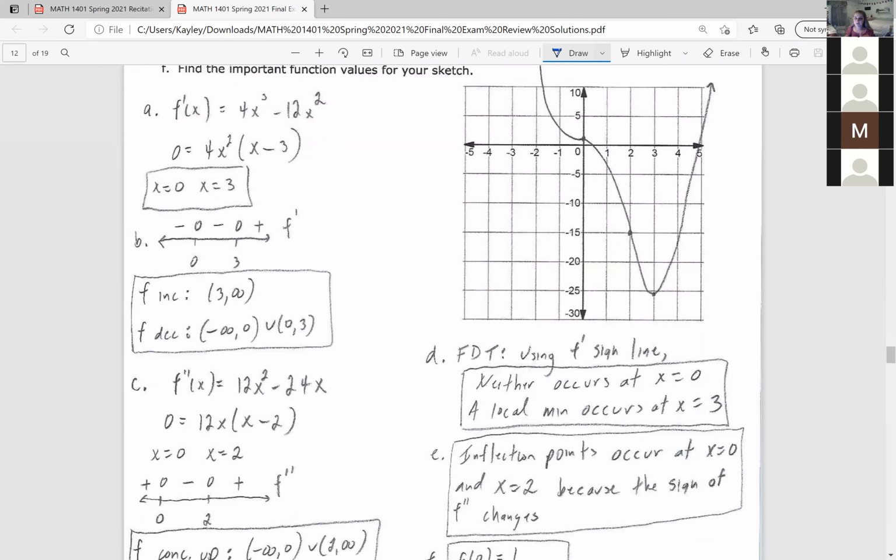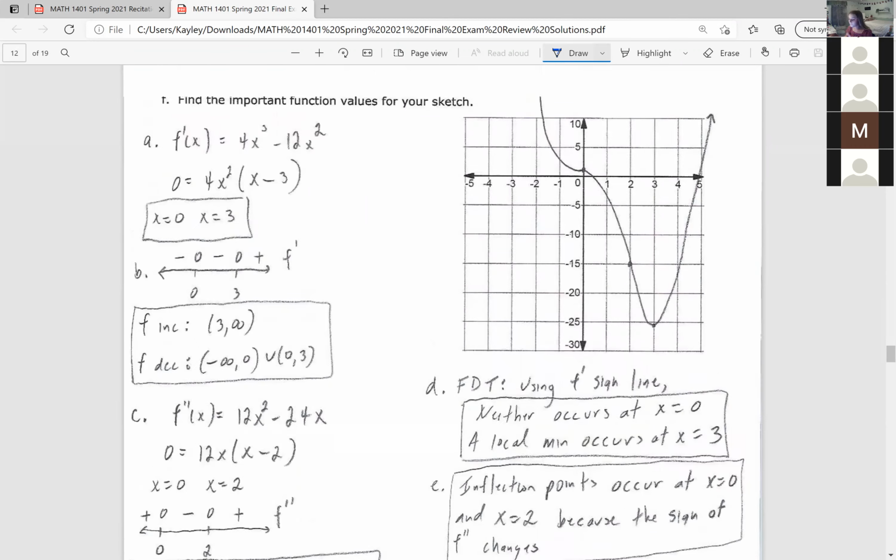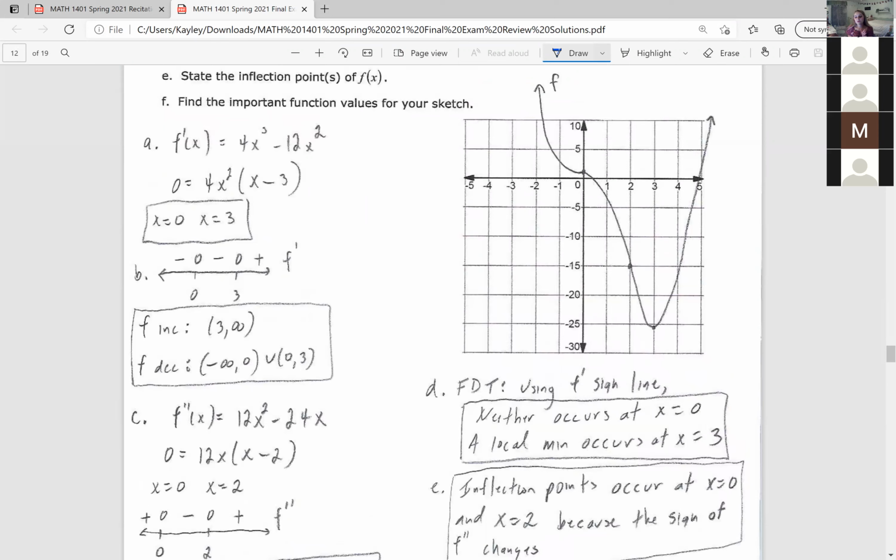And that's because the sign of the second derivative changes. And you can see that in the graph. The inflection points refer to concavity switching. So where your graph goes from concave up to concave down, or concave down to concave up. So you can see that happens at 0 because right here, this is concave up, and then this is concave down.